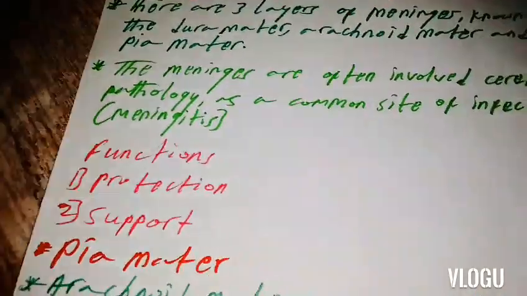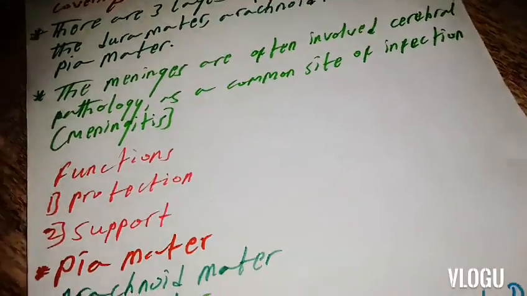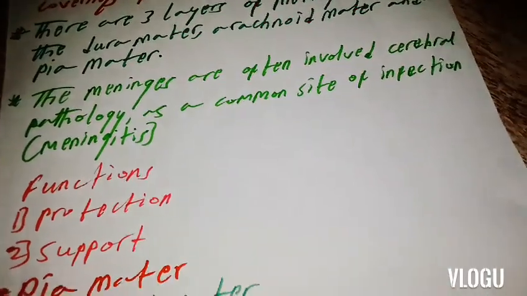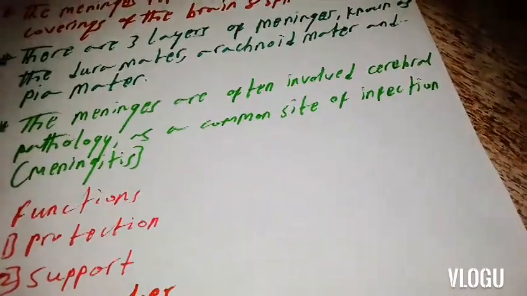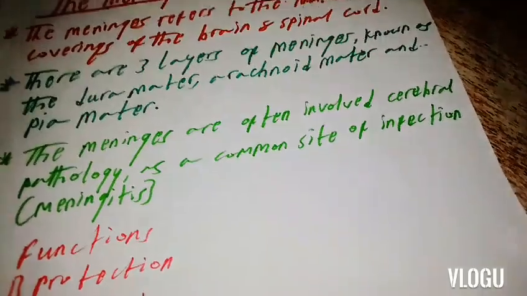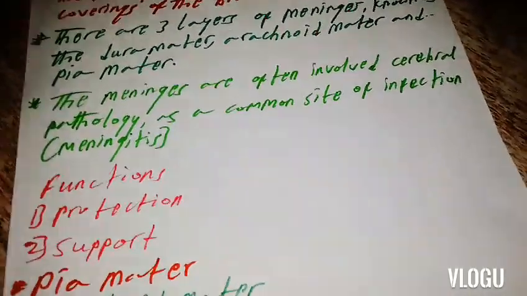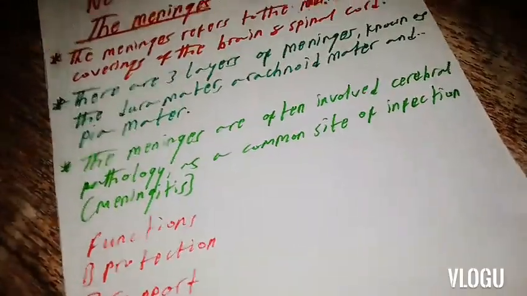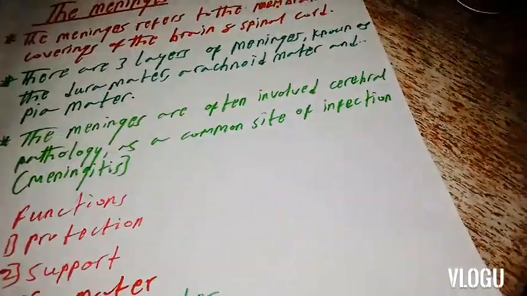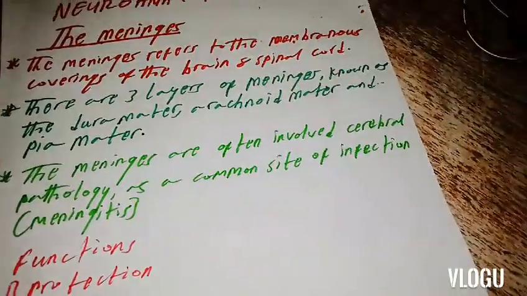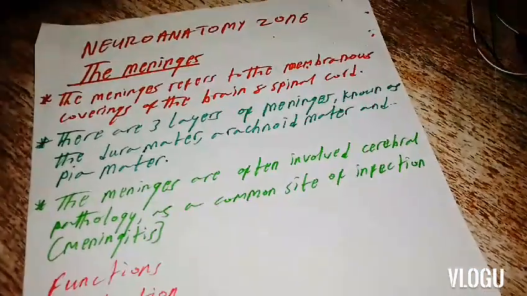We know that the bony cranium provides a hard supportive framework for the brain, and the vertebral column for the spinal cord. But that is not enough, because they are very delicate. They need a softer form of protection. That is where the meninges come in.